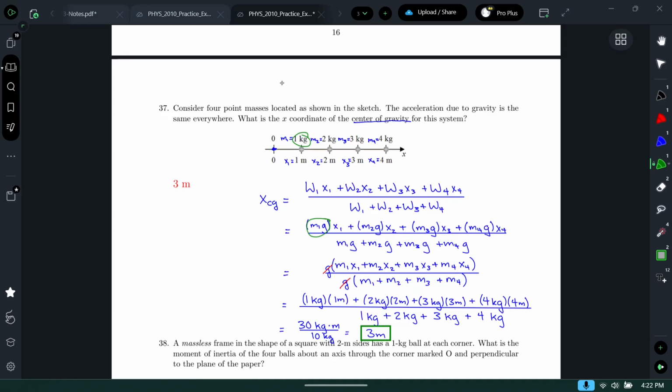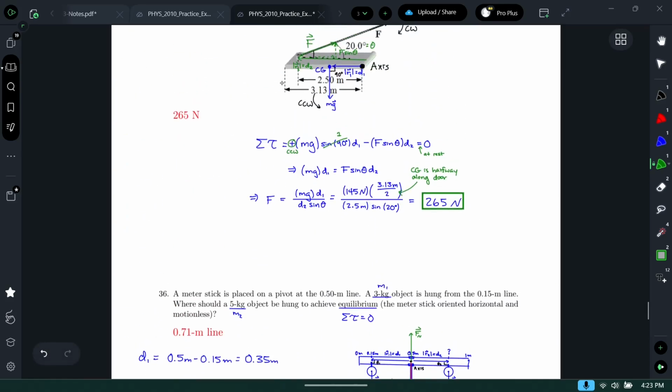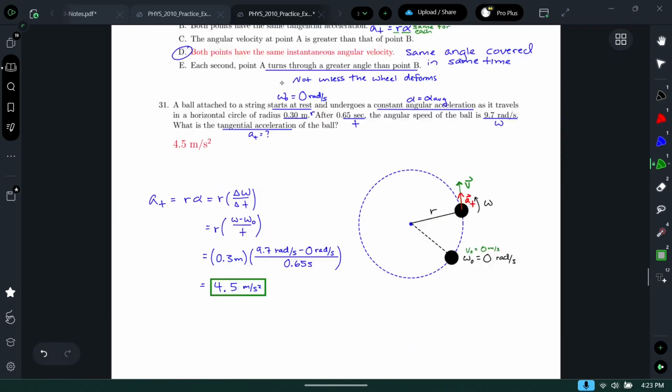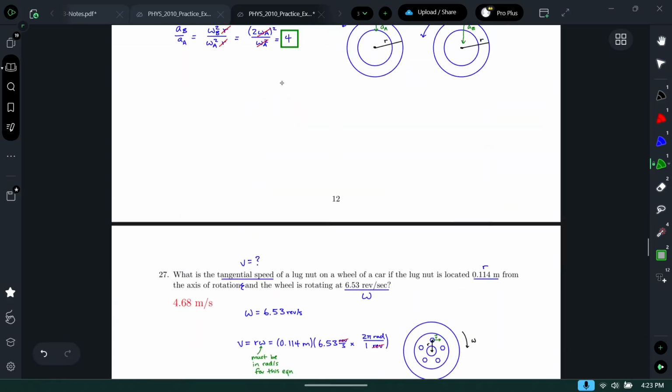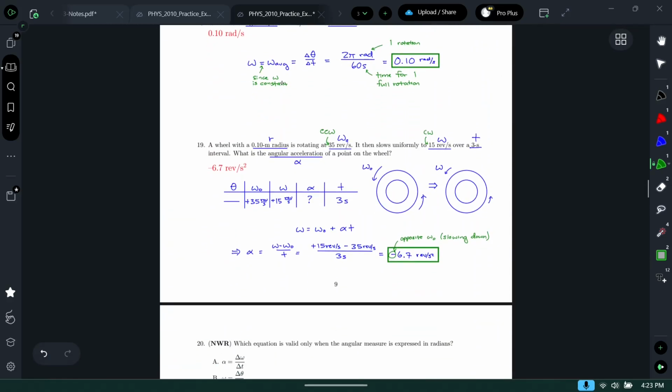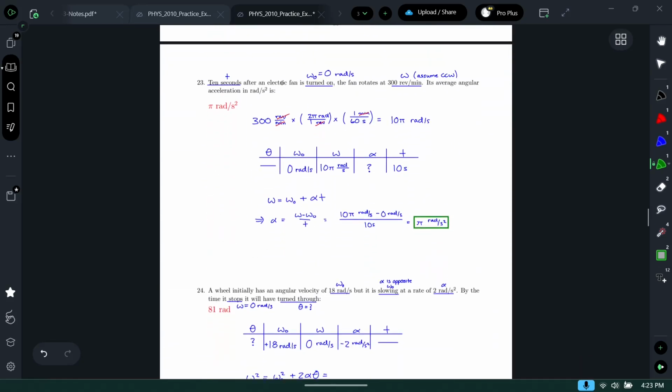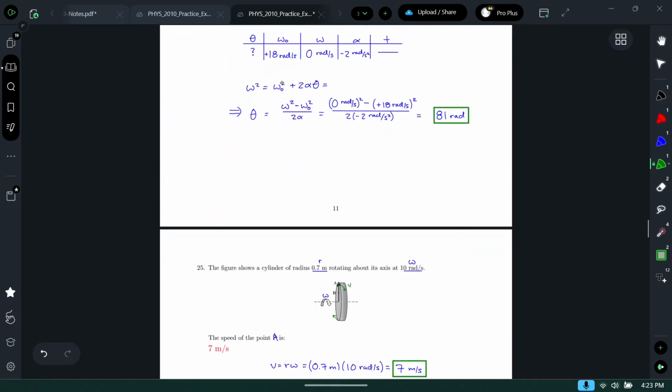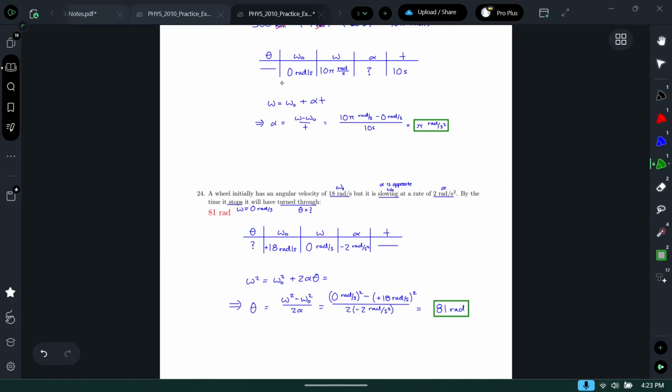Well, when I look at the kinematics problems, in this thing, 19, 21, 22, 23, 24 are all what I would consider kinematics problems. To me, they read the same in the sense that it's just giving me several different angular variables and then asking me for a fourth one.